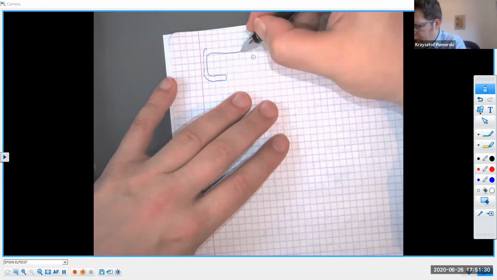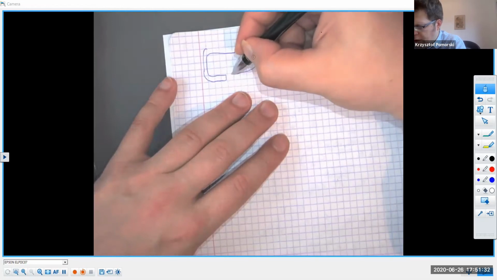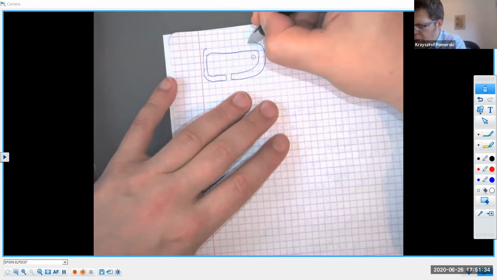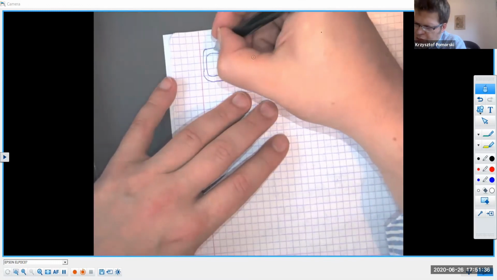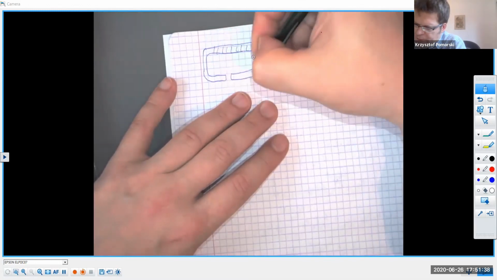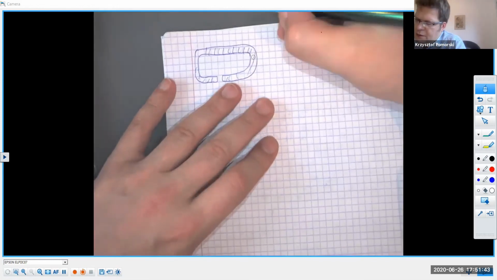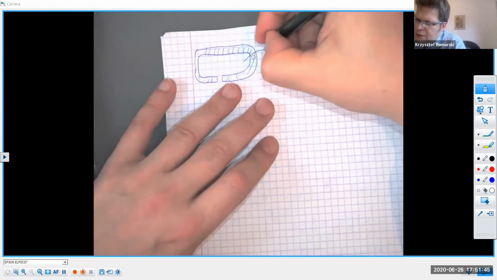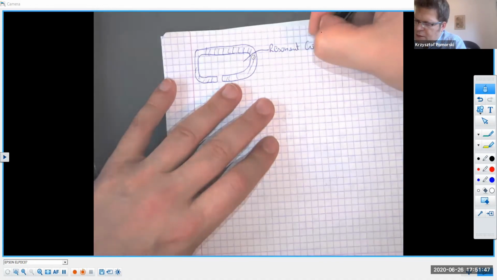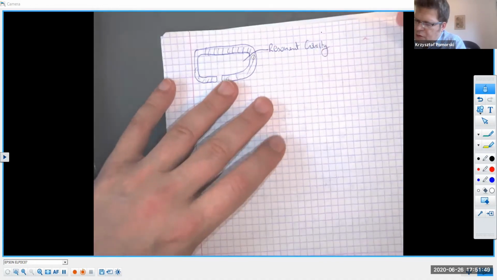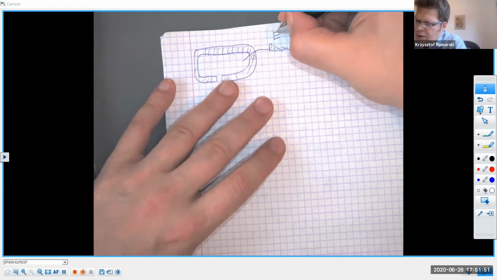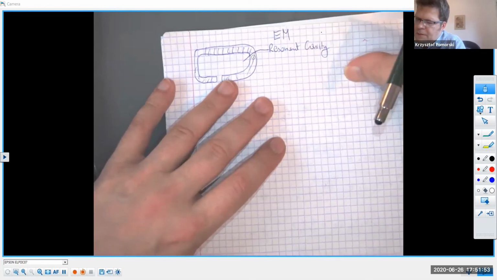This is our resonant cavity, this electromagnetic resonant cavity.